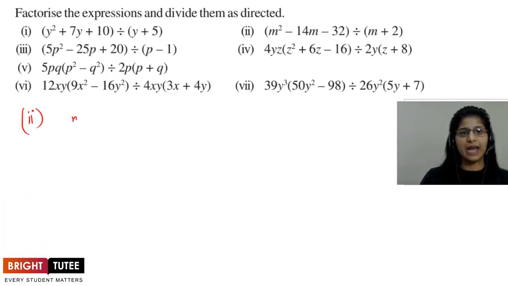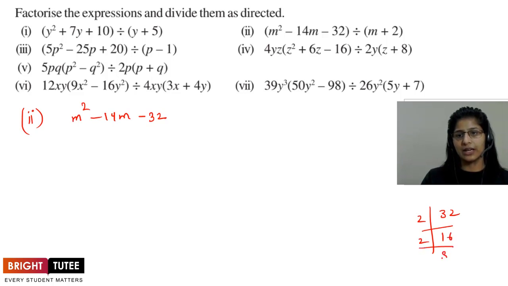It says m square minus 14m minus 32. So first of all, let us factorize it. For 32 we want the product, and for 14 we want the sum. Minus 14 is the sum, minus 32 is the product, right? So if we factorize 32, we get 2, 2, 2, 2, 2, like 5 times 2. 2 twos are 4, twos are 8, and 8 into 4 is 32, but 8 and 4 don't form 14, right?